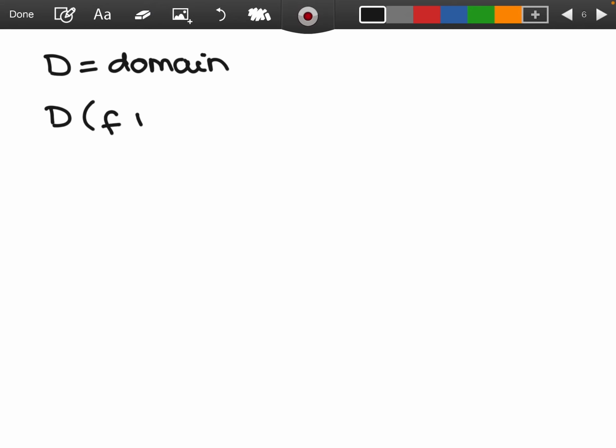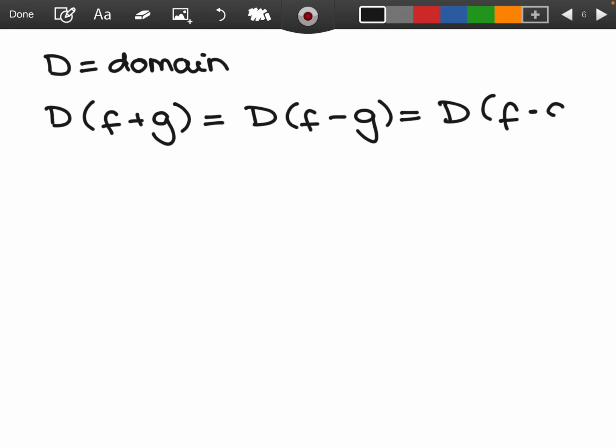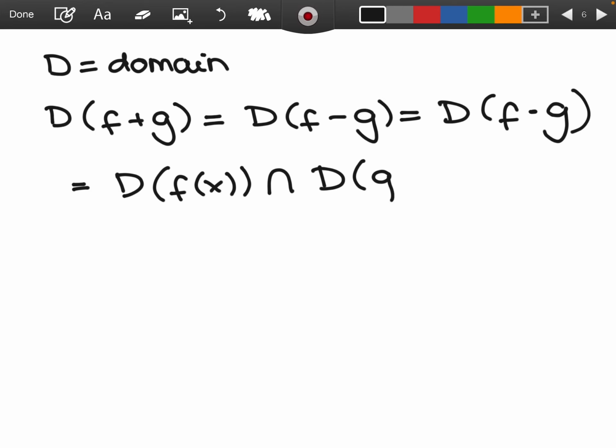The domain of f plus g, the domain of f minus g, and the domain of f multiplied by g are all the same thing. It is just the domain of f of x intersected with the domain of g of x. What does that mean?